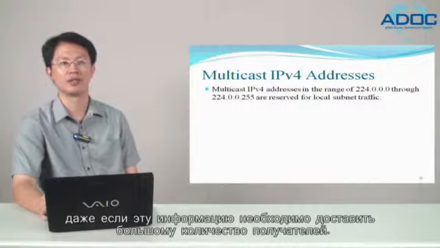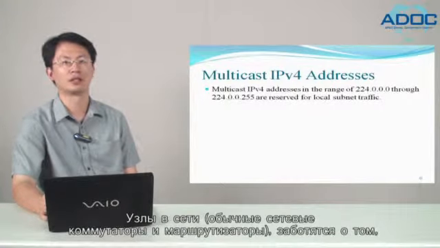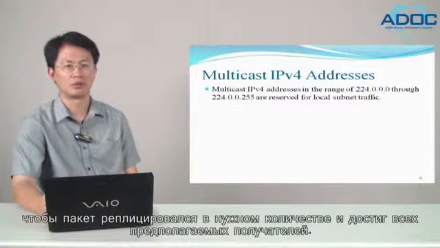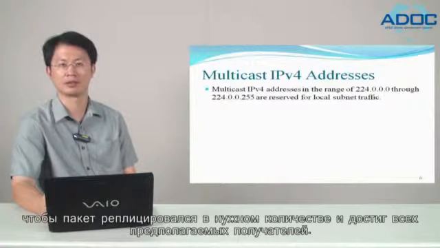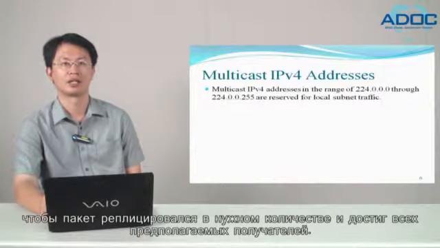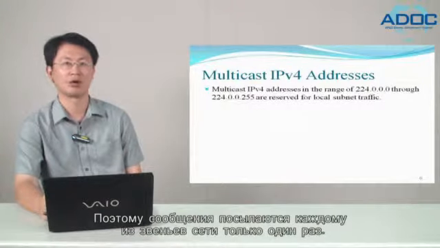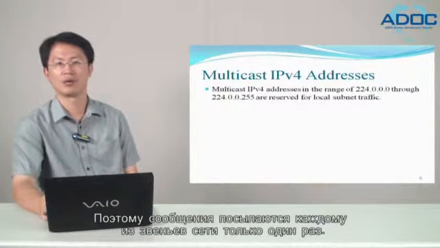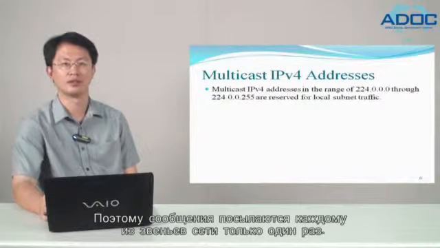Even if it needs to be delivered to a large number of receivers, the nodes in the network, typically network switches and routers, take care of replicating the packets to reach multiple receivers, such that messages are sent over each link of the network only once.